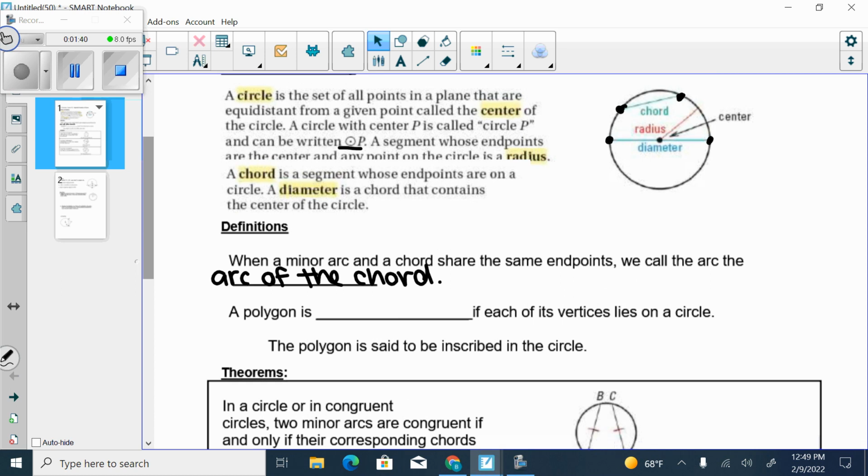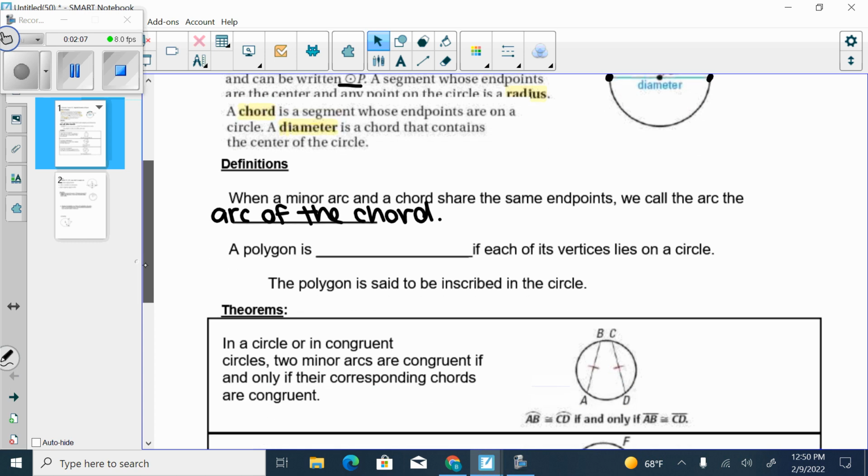Here's its endpoints. This arc has the same endpoints, so that's what it's referring to. Okay, when the chord and the arc share the endpoints, we call it the arc of that chord. So isn't the arc of the chord question on this one? You could use it, but we had enough information known previously that we didn't have to use these theorems or that one.